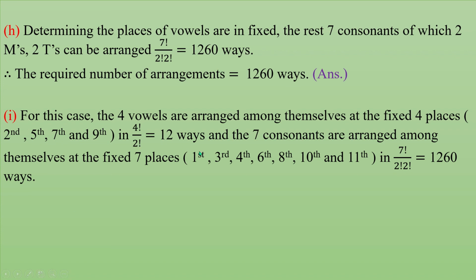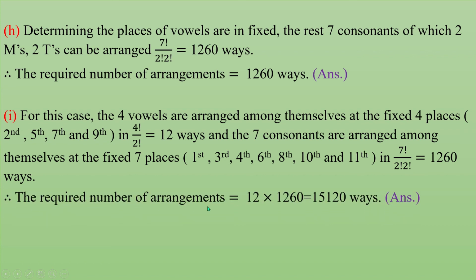This is equal to 12, and the 7 consonants are arranged among themselves at the fixed 7 places, that means 1st, 3rd, 4th, 6th, 8th, 10th and 11th places, in 7 factorial divided by 2 factorial into 2 factorial. This is equal to 1260. Therefore the required number of arrangements is equal to 12 into 1260. This is equal to 15120. This is the required answer. Clear everyone?